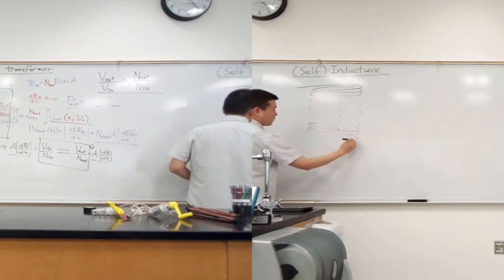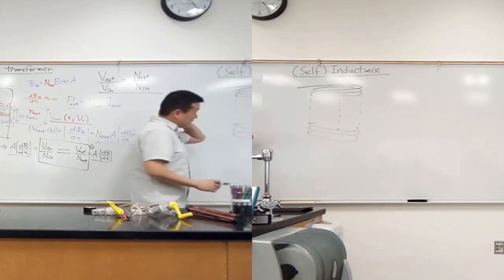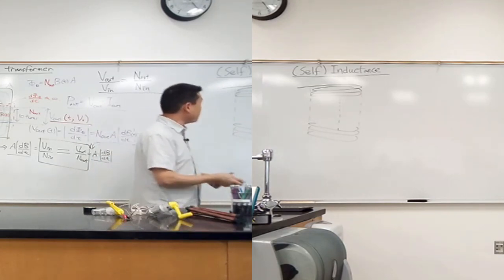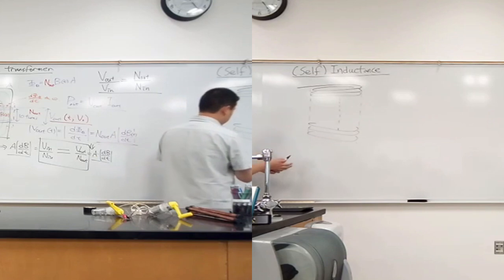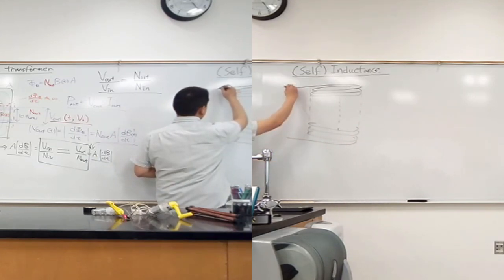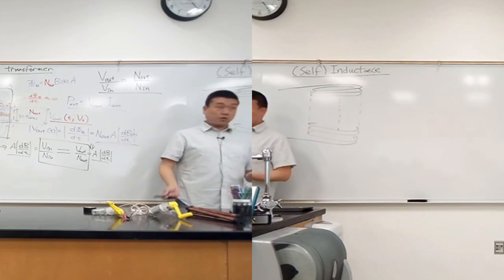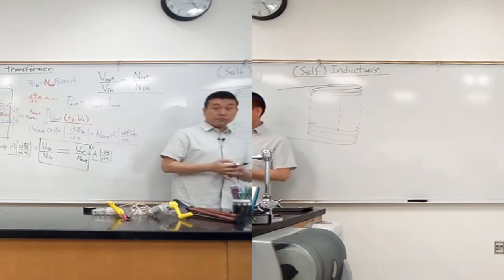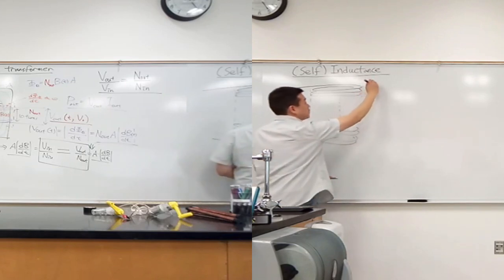of some number of turns. Let me specify more information than I usually specify on a solenoid. I'm going to actually give you the length of the solenoid. I call it a solenoid because we are going to use the formulas that we have derived, but I'll give you the actual length.